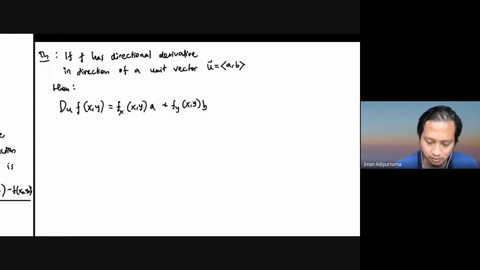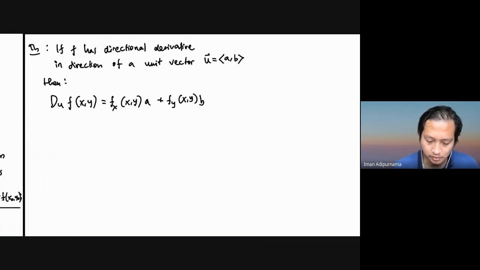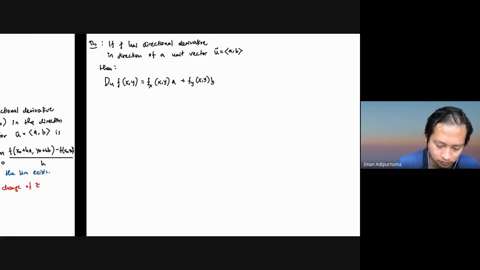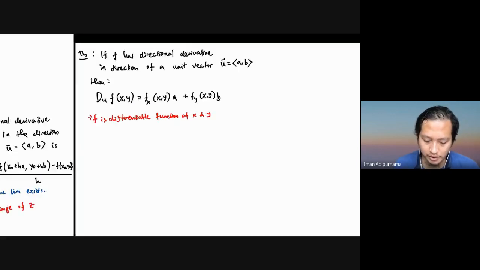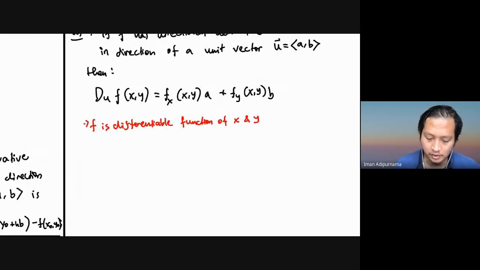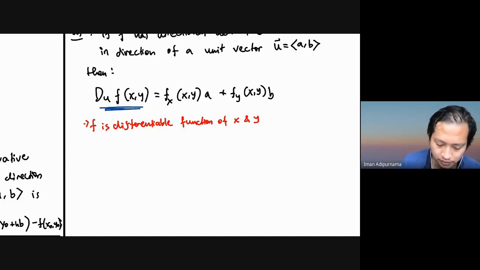This is actually when f is differentiable. So we can write the directional derivative. In practice, you can write it easily. So this is the directional derivative.